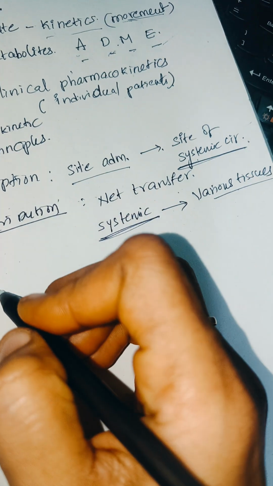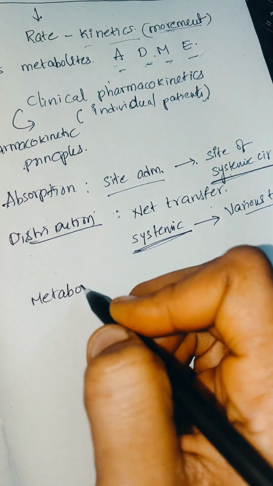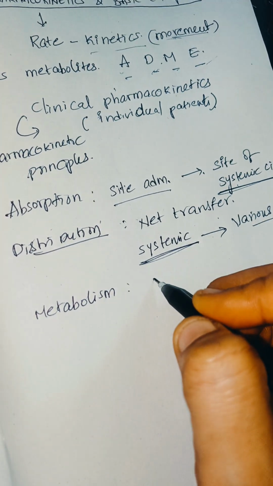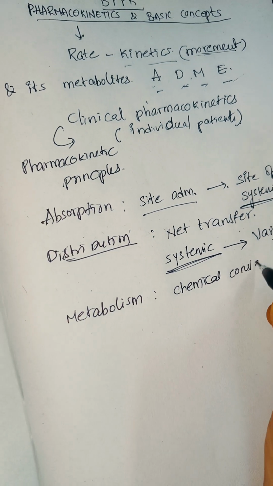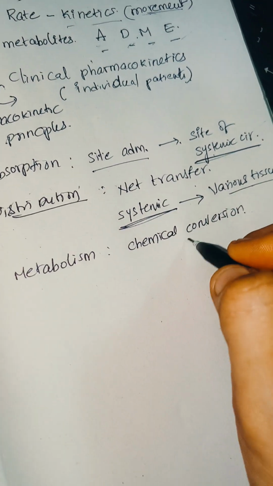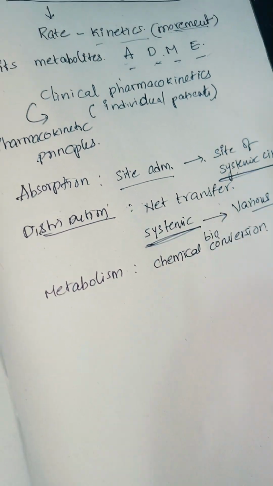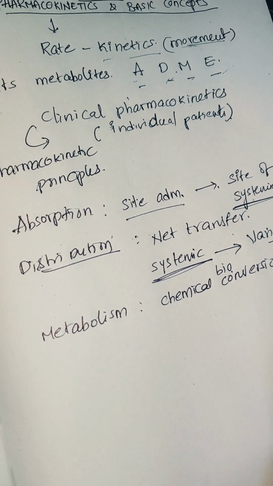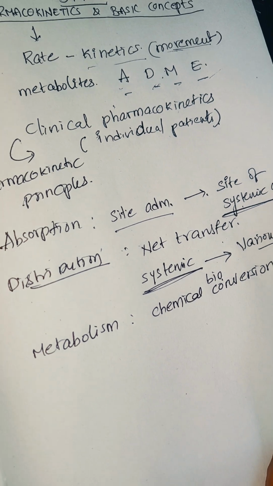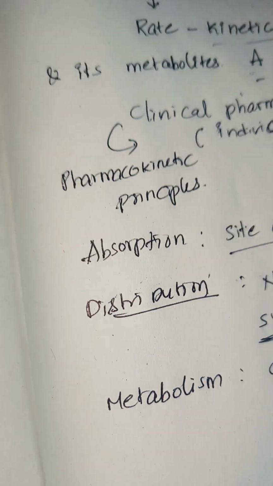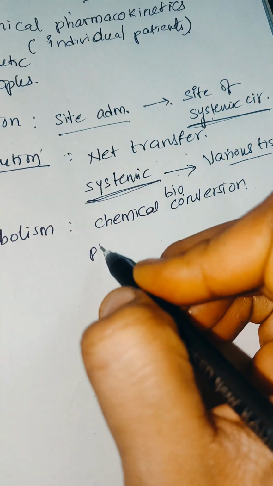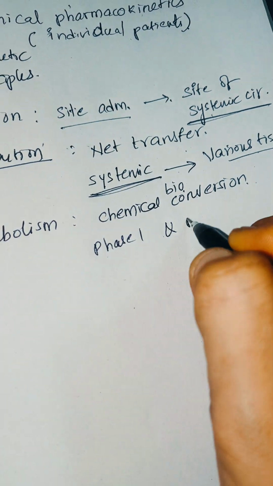Then metabolism. Metabolism means chemical conversion, or bioconversion, of a drug to its metabolite. For this we can go for phase 1 and phase 2 reactions.